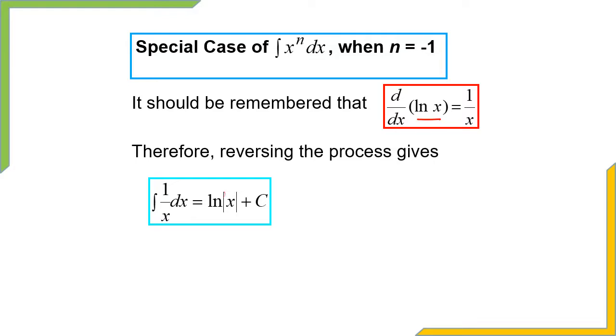But remember that we need to put the absolute notation here. Why? Because log must always take a positive number. We cannot have a negative number inside the log function. So you have to remember this formula. This is a special case of x power of n.